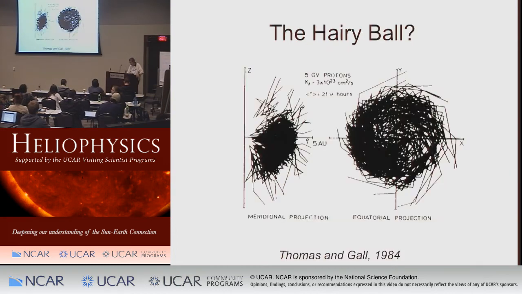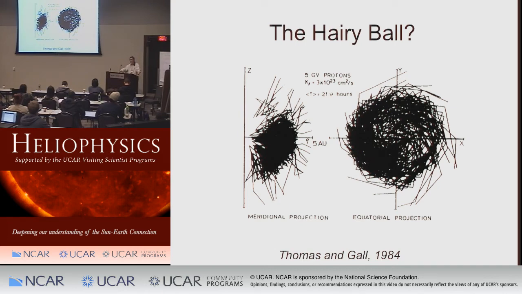By the way, I just put this in as a kind of joke. If you don't like all this analytical formalism, you can always follow particles and construct distribution functions. And the reason I always remember this picture is that it was for trying to model the behavior of co-rotating interaction region particles in the heliosphere, when the fast wind overtakes the slow wind.